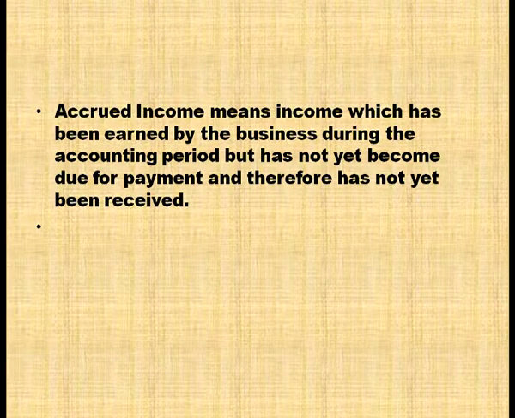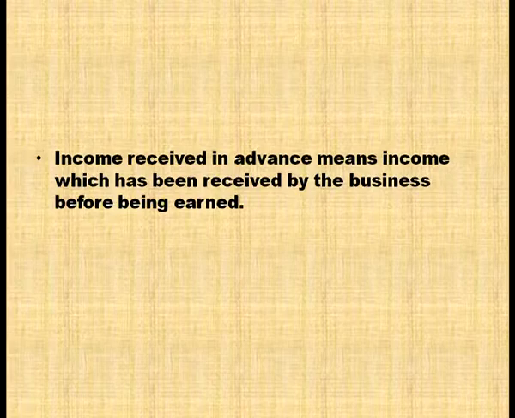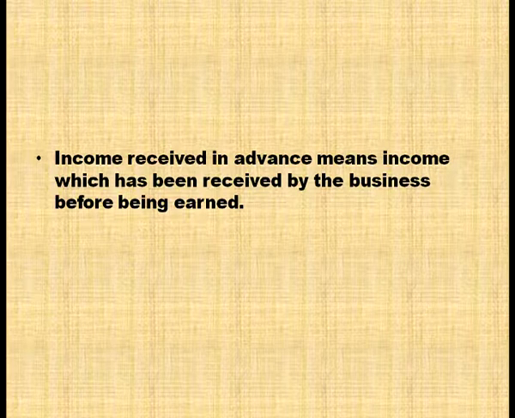And accrued income means income which has been earned by the business during that particular accounting period, but has not yet become due for payment and therefore has not yet been received. Income due but not received, that is accrued income. Income received in advance, that is income which has been received by the business before being earned.